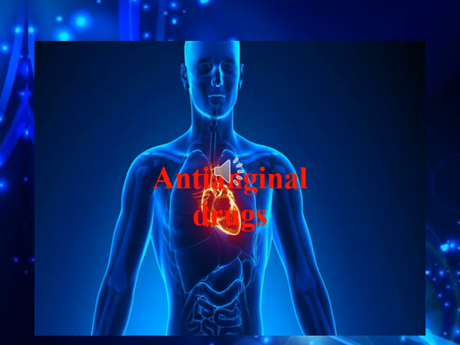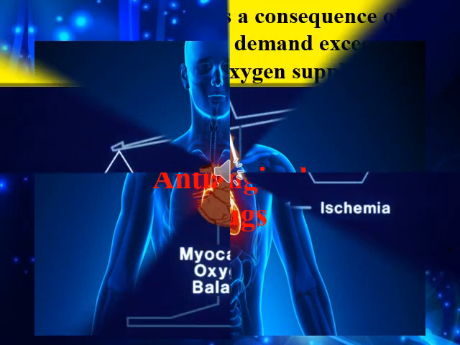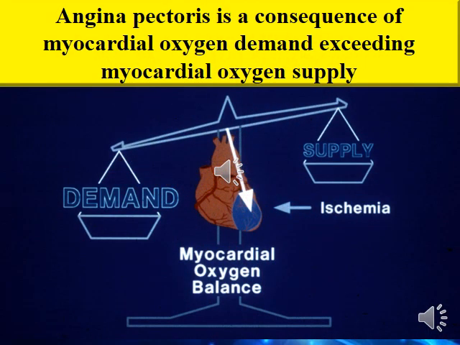Angina pectoris is the most common condition involving tissue ischemia in which vasodilator drugs are used. The primary cause of angina pectoris is an imbalance between the oxygen requirement of the heart and the oxygen supplied to it via the coronary vessels, as you see on this slide.